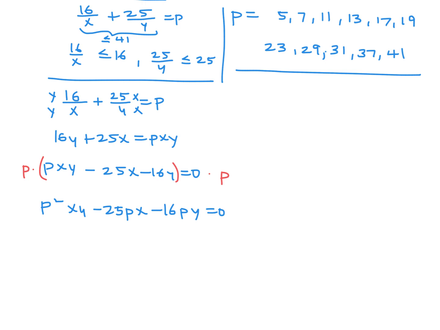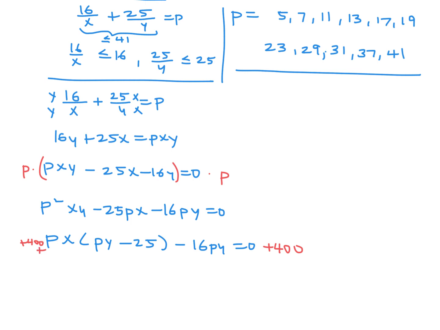And then now you can factor out a px, and that becomes py minus 25, and this becomes minus 16py is equal to 0. A little bit more fancy algebra. You got to add a 400 to both sides. So plus 400 over here.